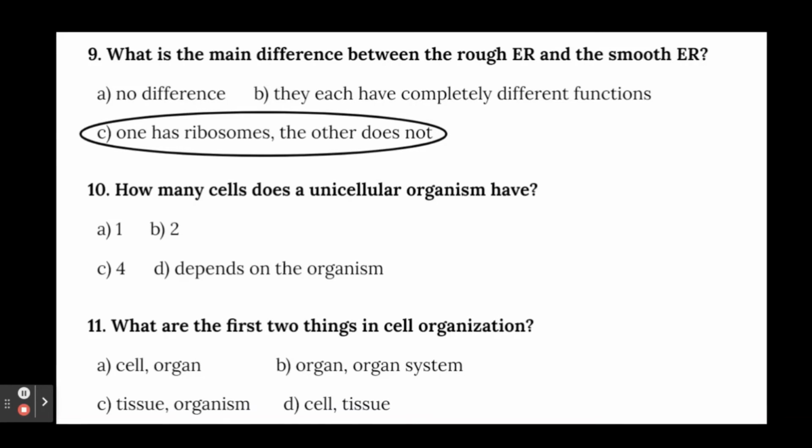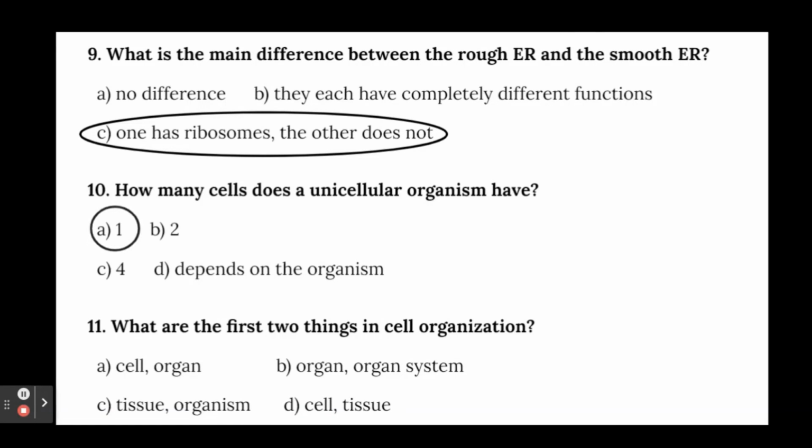The answer is C. One has ribosomes and the other one does not. Okay, so number 10, how many cells does a unicellular organism have? The answer is A, 1, because uni means 1.